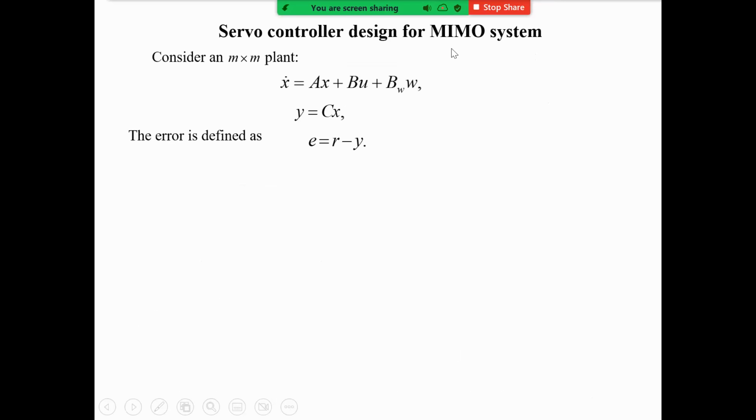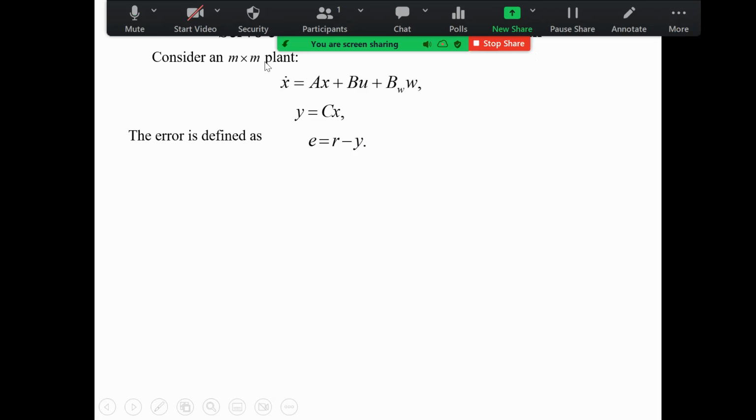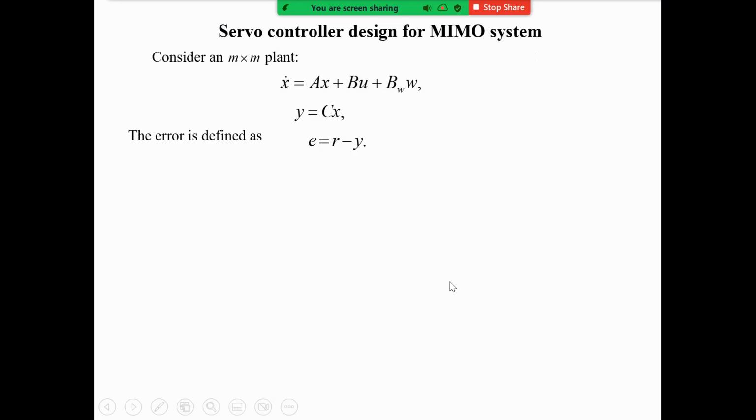Okay, then for the multiple input case, this one you have to know how to do, because for your mini project, it's the multiple input case. You cannot use the single input, single output design. This one considers an M plant, which means that the number of inputs matches the number of outputs. Then we define this error signal.